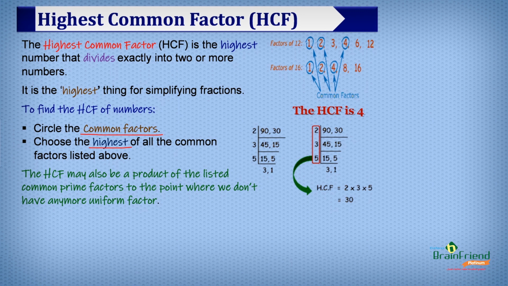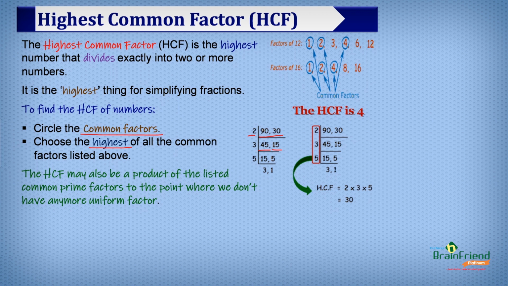Now, what I mean is this. If the numbers 90 and 30, we are expected to find their HCF, we take the first or the smallest prime factor we have, 2. 2 into 90 gives us 45, and 2 into 30 gives us 15. When you look at these two numbers, 45 and 15 can no longer be divided by 2.